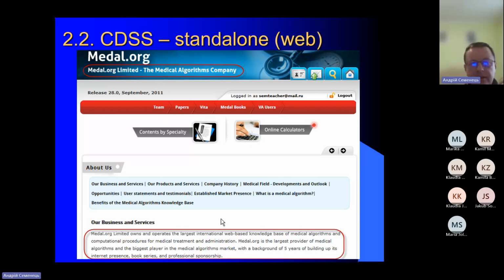And another example, a standalone decision support system. This kind of system looks much closer to the definition of CDSS, like an interactive computer program and so on. So the Medal.org project, right now it's turned into a commercial solution, despite this picture being quite old, but the project still exists and is under active development.